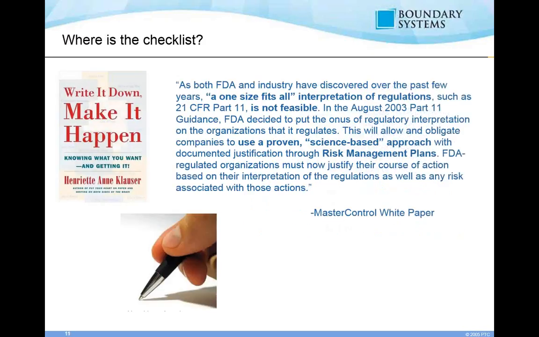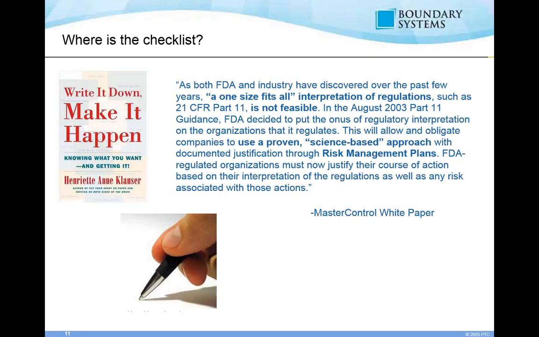The checklist: as both FDA and industry have discovered over the past few years, a one-size-fits-all interpretation of regulations such as 21 CFR Part 11 is not feasible. In August of 2003, in the Part 11 guidance, FDA decided to put the onus of regulatory interpretation on the organization that it regulates.